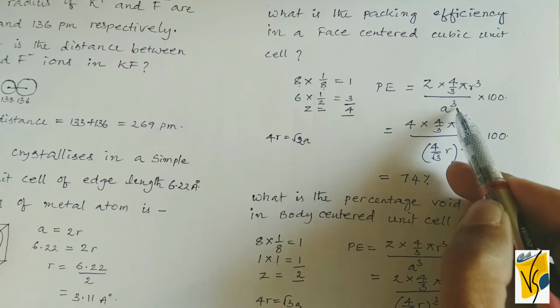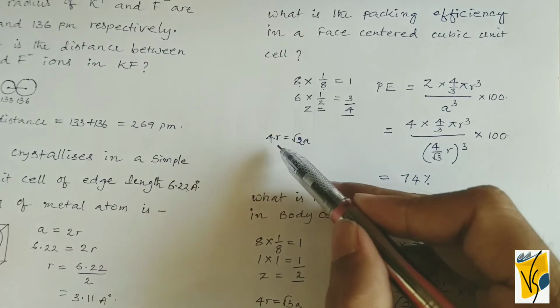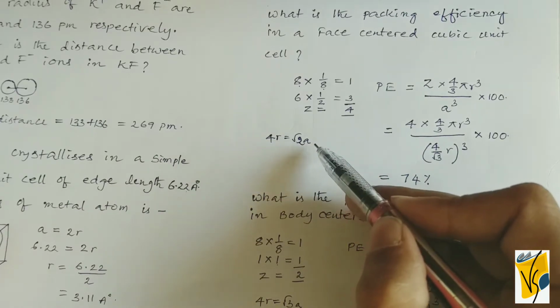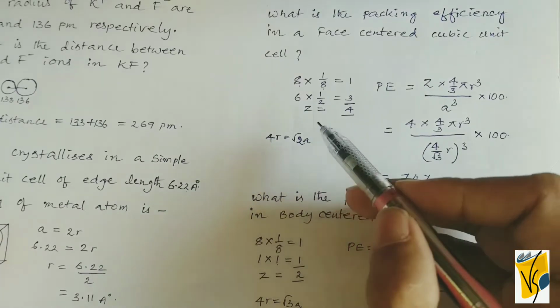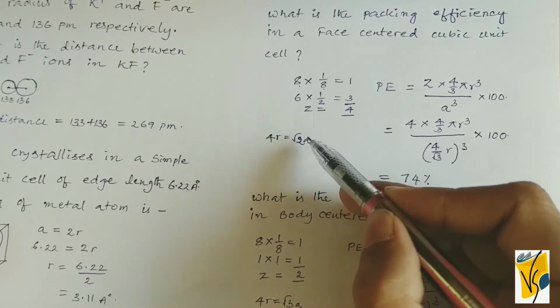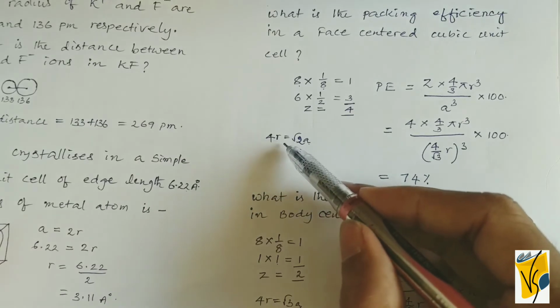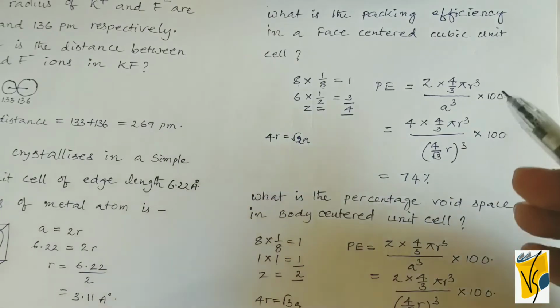by a cube. So edge length should be expressed in terms of radius of atom. Okay, how are radius and edge length related? 4r is equal to root 2a for face centered cubic. Radius and edge length are related as 4r is equal to root 2a. Okay, now a is equal to 4 by root 2 into r.